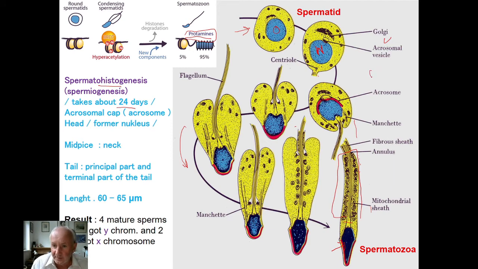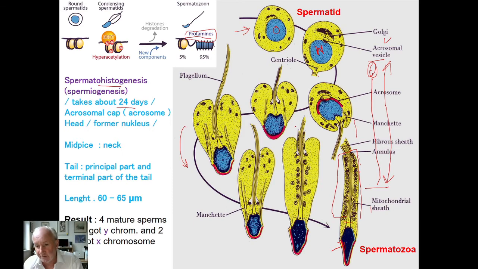The whole spermatozoa from the head till the end of the tail is 60 to 65 micrometers long. So you see once more, from one spermatogonia, the result is 4 mature sperms.